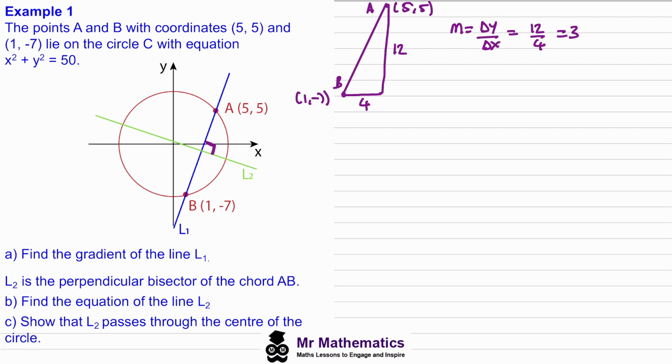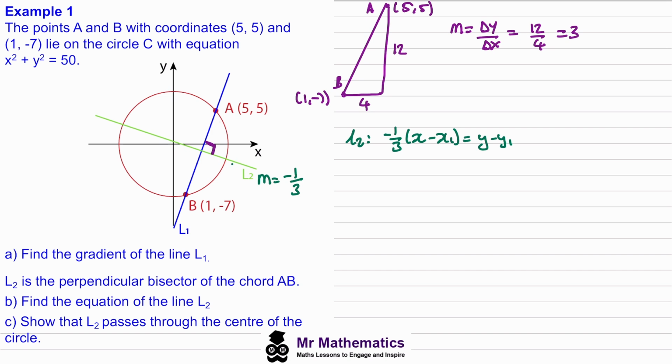So we know the gradient of L2 will be -1/3. Now we can use the equation of a line to work out L2. We'll have -1/3 multiplied by (x minus x1) will equal y minus y1, where (x1, y1) is a known point on this green line.